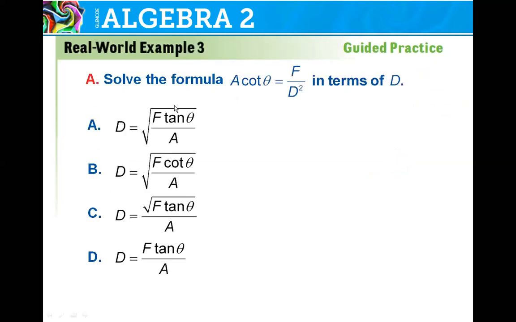Okay. Solve the formula A cotan theta equals F over D squared in the terms of D, and this is the last type of problems.